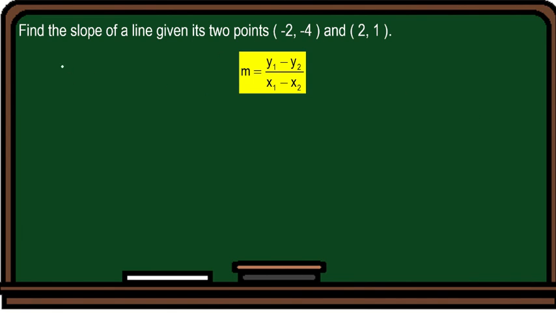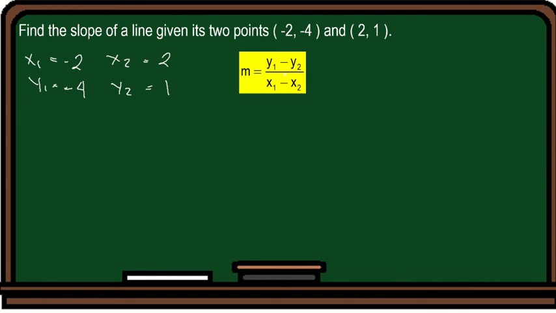So, first, identify natin ang x sub 1 and y sub 1, x sub 2 and y sub 2. X sub 1 is -2, y sub 1 is -4, x sub 2 is 2, y sub 2 is 1.